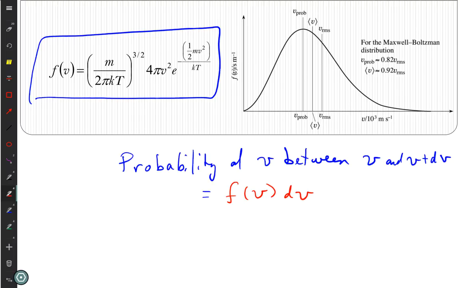Probability of being really close, well, that's reasonable. But exactly 0, not. So when we're doing a calculation, we have to say the probability of being between this range is given by this equation times dV, that infinitesimal little width. So that's how we're going to use this.